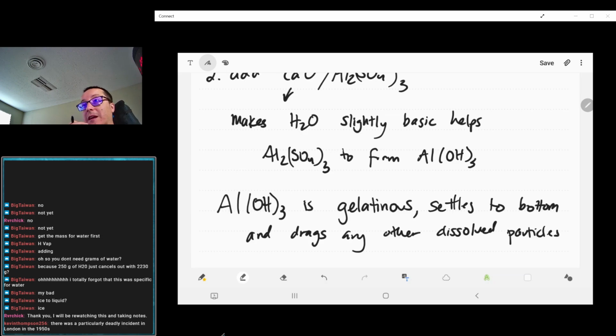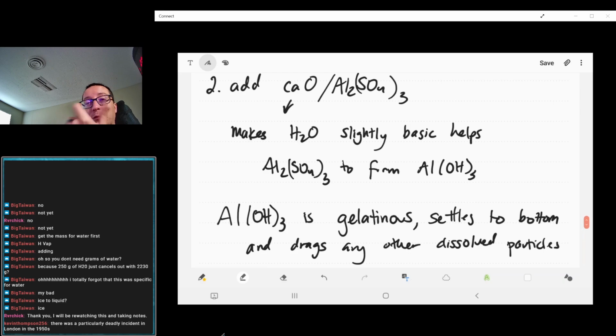So, we'll let the big particles filter out by themselves, and we'll push it through a sand filter as well. That'll usually get through most big particles. Then we add this mixture of calcium oxide and aluminum sulfate to form aluminum hydroxide, which is gooey, and it settles out very slowly, and as it does, it pulls down all the extra material with it.